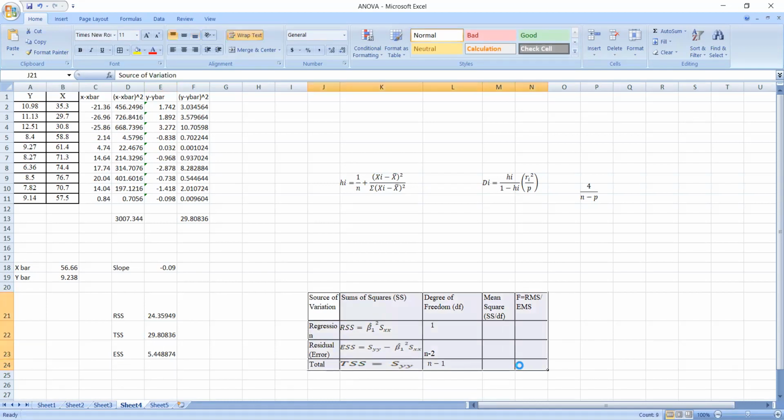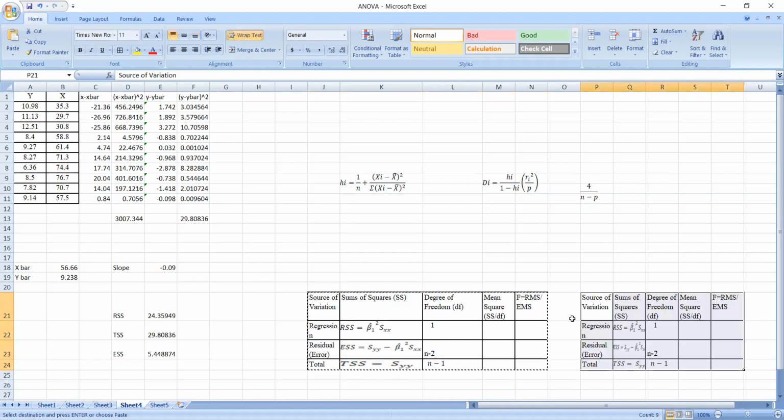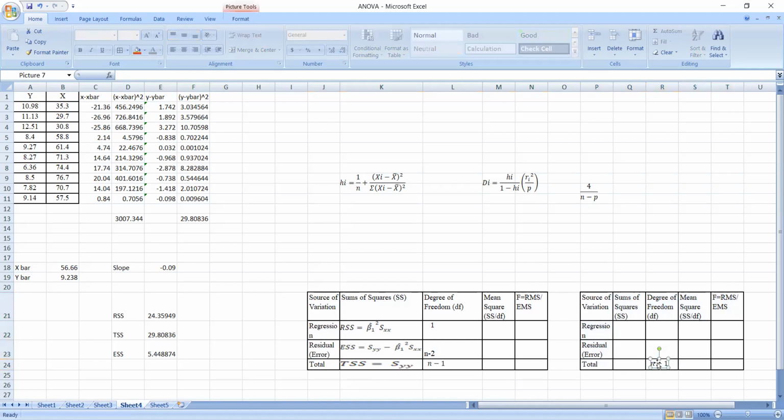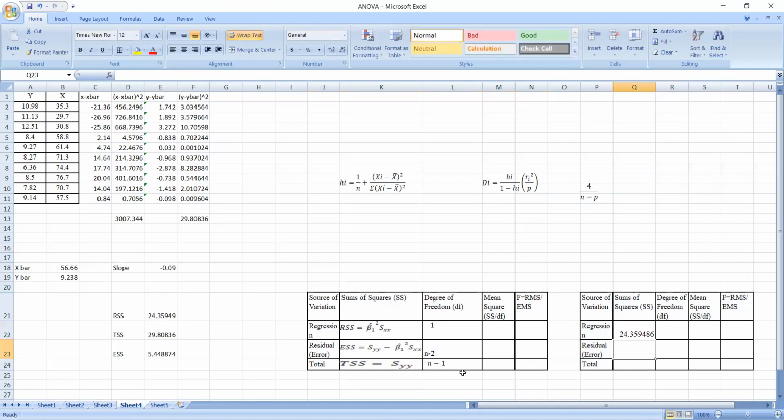So I will just copy this Anova table here. Now you can see we have calculated these terms, so I'm just removing these equations. Okay, now for the regression sum of squares, we have this value, 24.35, so we can put it here.